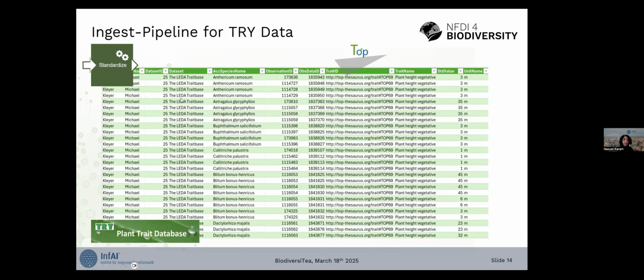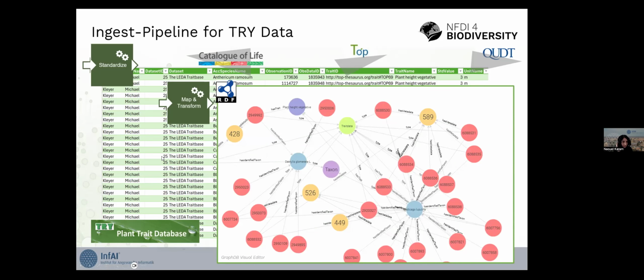What we did additionally is connect the species names to the Catalogue of Life IDs, and the unit names to QUDT. And then, based on the table with the IDs, we can transform the tables into RDF.